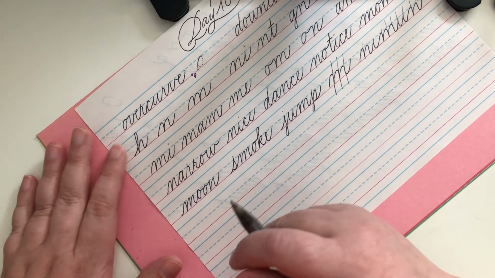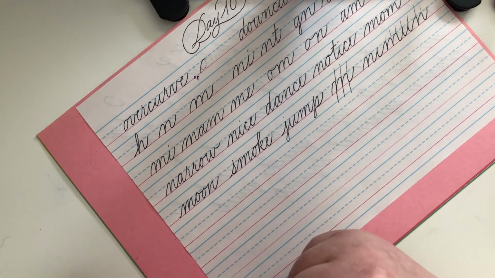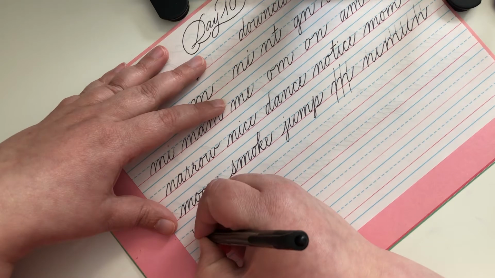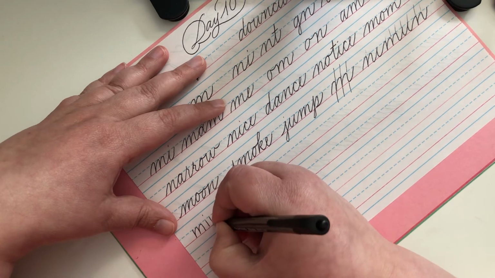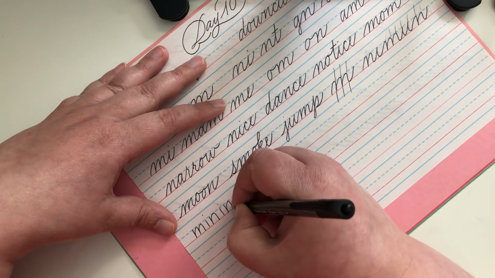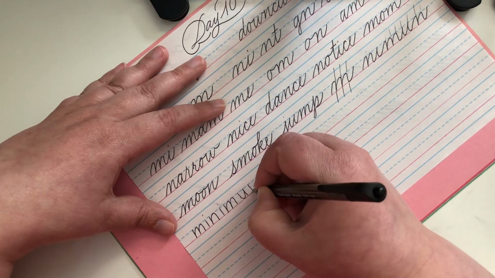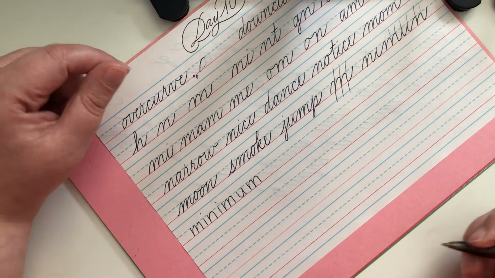So it's kind of hard to do while I'm talking. And maybe you have to write it out in manuscript first. M-I-N-I-M. So you remember how to spell it.